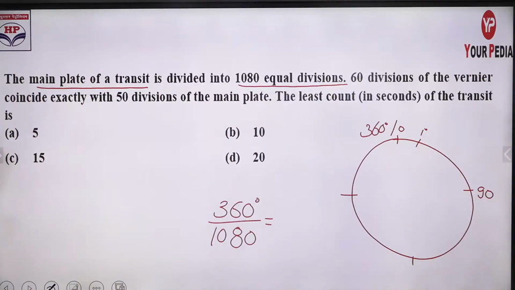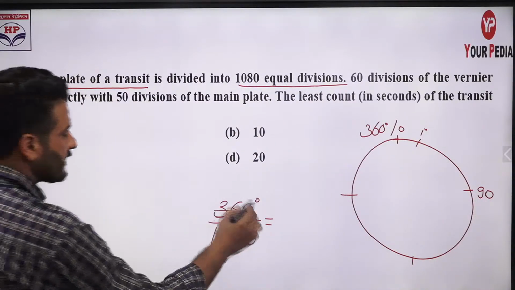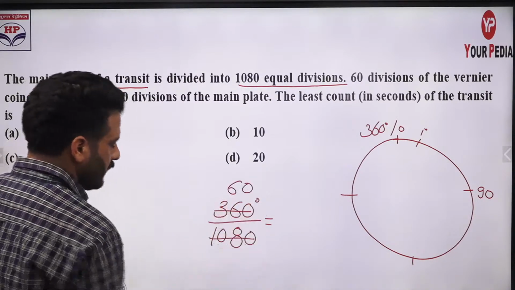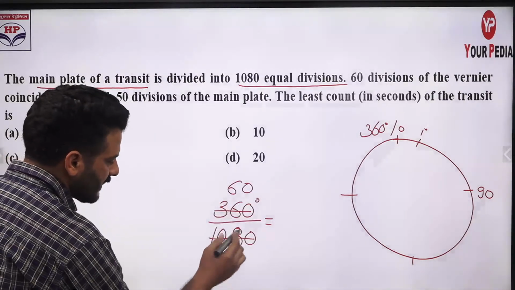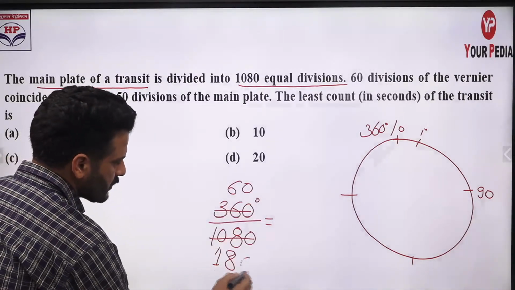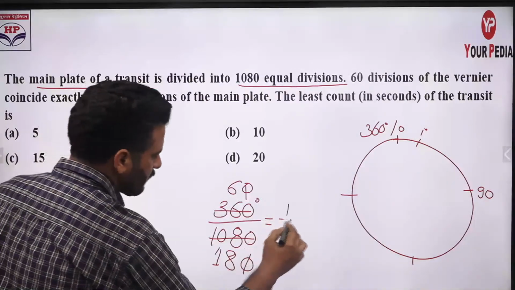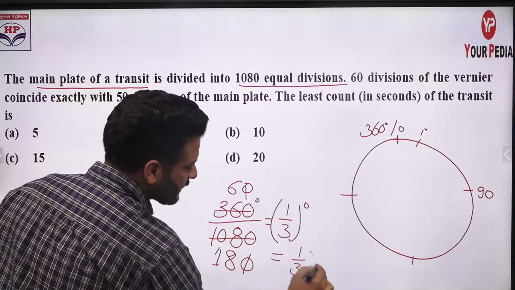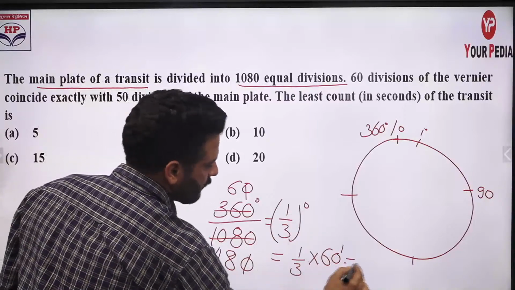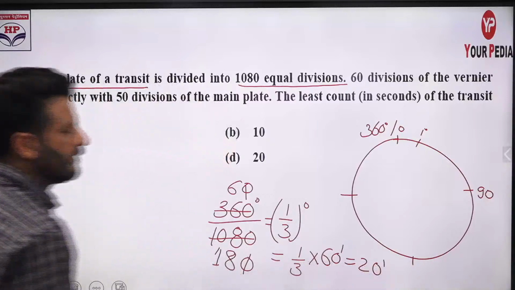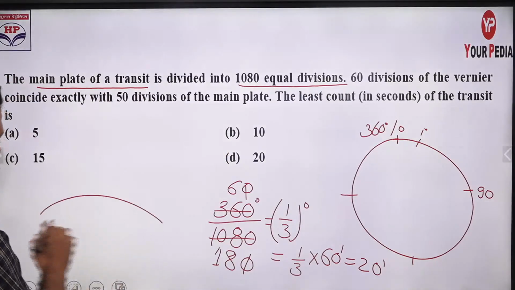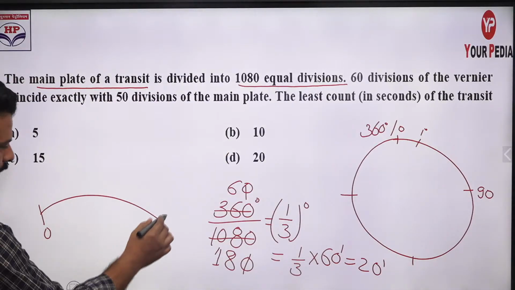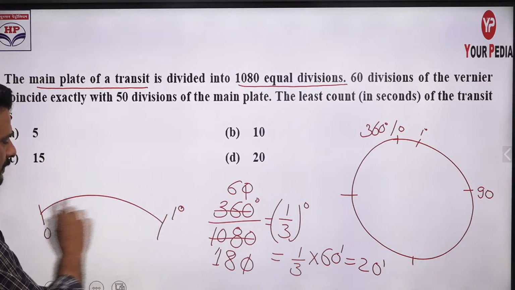Okay, meaning to say that here you have 1 degree, 2 degree, up to 90 degree. So what graduation do you have? You can find here 6 6s are 36, 6 1s are 6, 6 8s are 48, 0 0 0. This is 1 by 3 degree. I already told you 1 degree is 60 minutes. So you will get here 20 minutes. So what is the least count of the main scale?